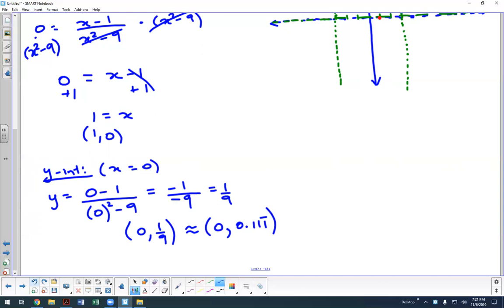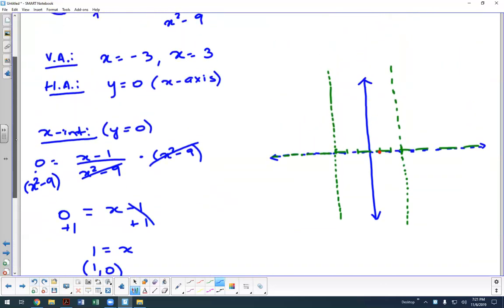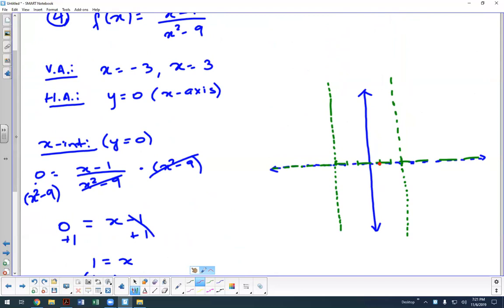Because you're looking at 0.1, 1/10 of a unit, which will be, if this is our 1, 2, 3, 1, 2, 3, this guy is literally going to be just above the x-axis.